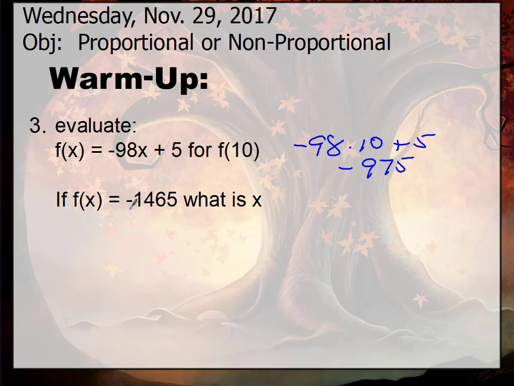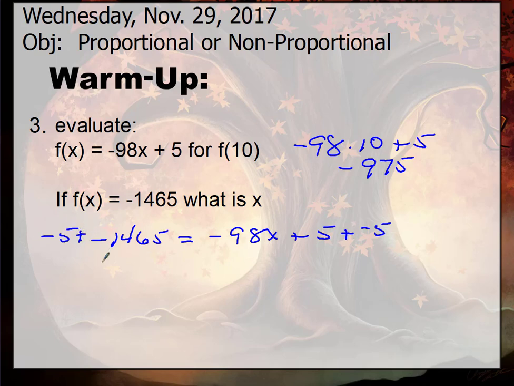Now if I said f of x is equal to negative 1465, as we did in a previous lesson, we're just going to take this value, the negative 1465, and substitute that in for f of x. So negative 1465 is equal to negative 98x plus 5. Now what we have to do is solve for x. I have to get rid of the 5 first by adding a negative 5 to both sides.